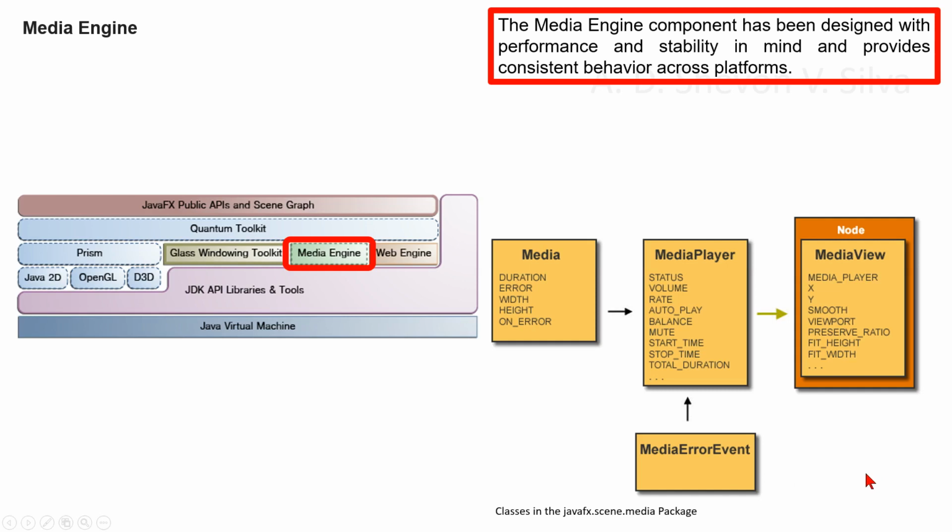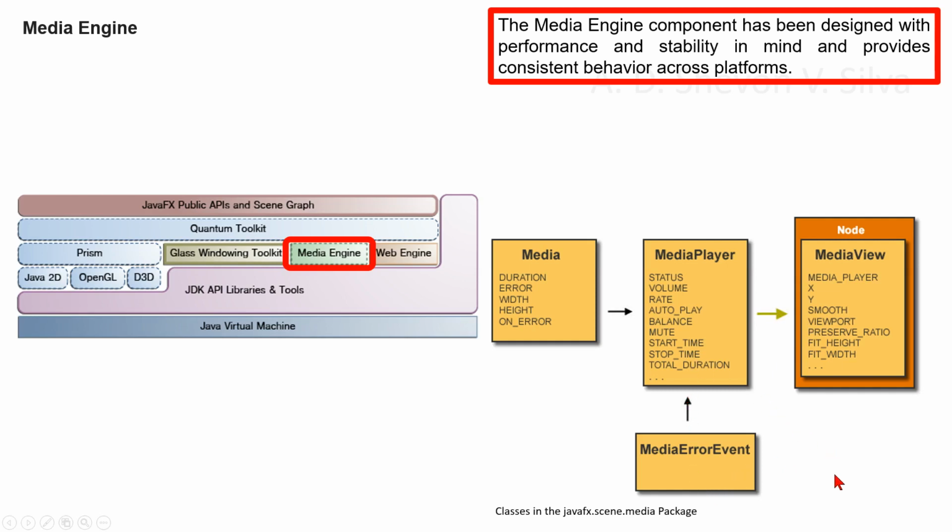An arrow points from media box to the media player box. Another arrow points from media player box to media view box, and a third arrow points up from the media error event box to the media player box.